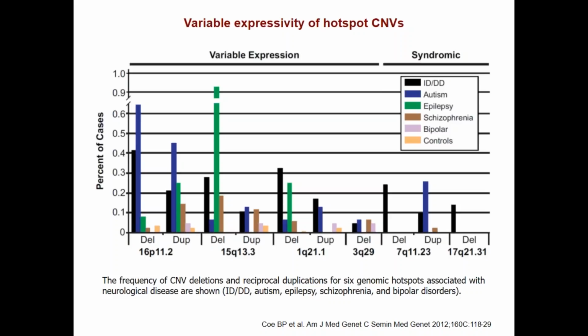I'm not sure if this has been studied in a multi-generation kind of way, but what has been shown is you will have, for example, two parents who have some sort of mild neurodevelopmental issues. For example, one of them has ADHD, and another one has epilepsy.